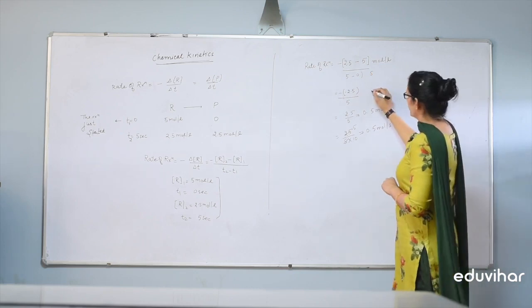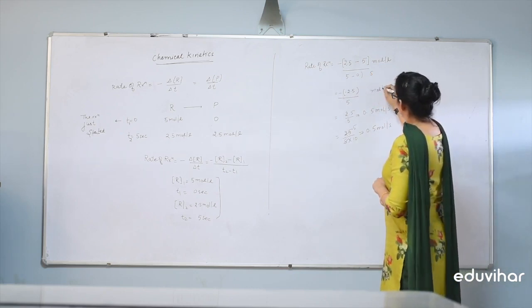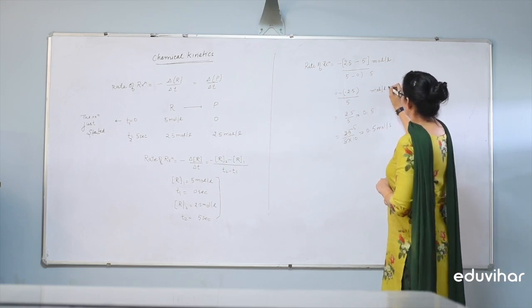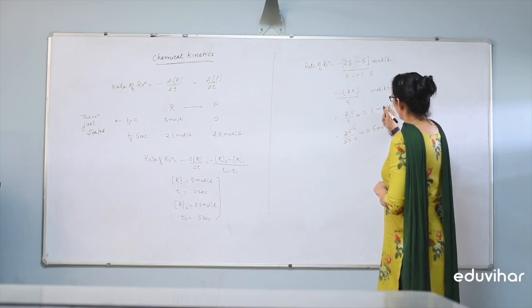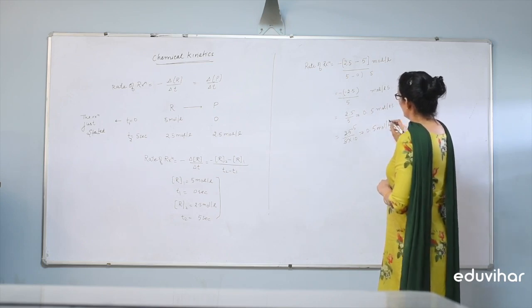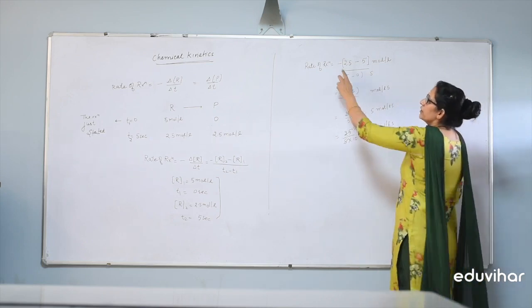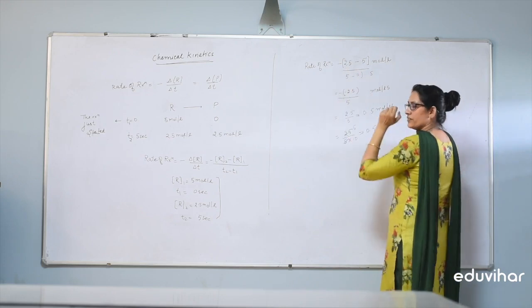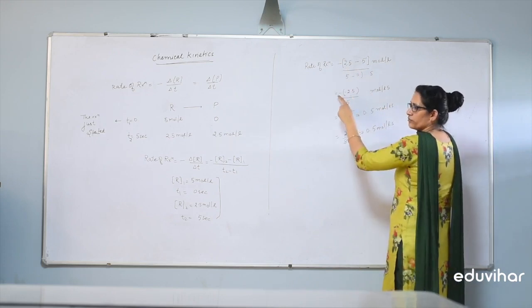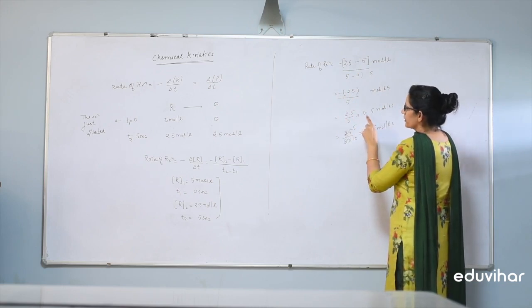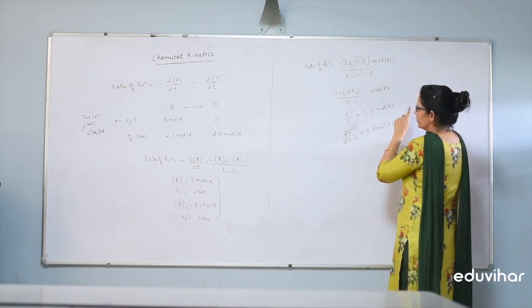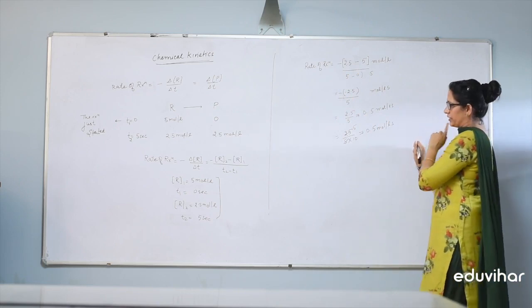So this becomes mole per liter per second. 2.5 minus 5 gives you minus 2.5, minus minus becomes plus, divided by 5, it becomes 0.5 mole per liter per second.